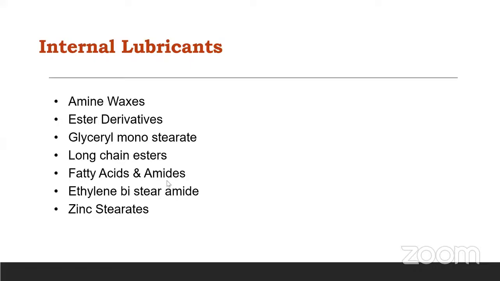Long chain esters. If esters, does it mean thermosetting plastics? Esters are chemical molecules with COO linkages, or molecules which have COO groups in them.